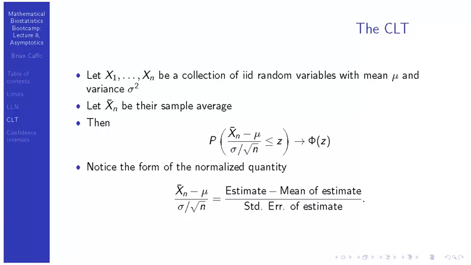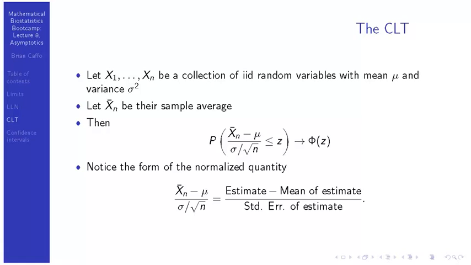Okay, so what does this say? This basically says that probabilities associated with sample means look like probabilities associated with normals. And if you standardize the sample mean so that it has mean 0 and variance 1, then the probabilities look like standard normal probabilities. So I wanted to reiterate the form of this normalized quantity here.